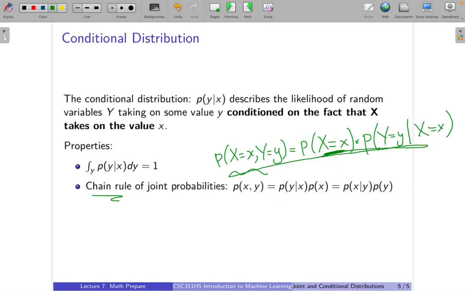What I've written down here is the same as what is written down here, just with slightly simplified notation.